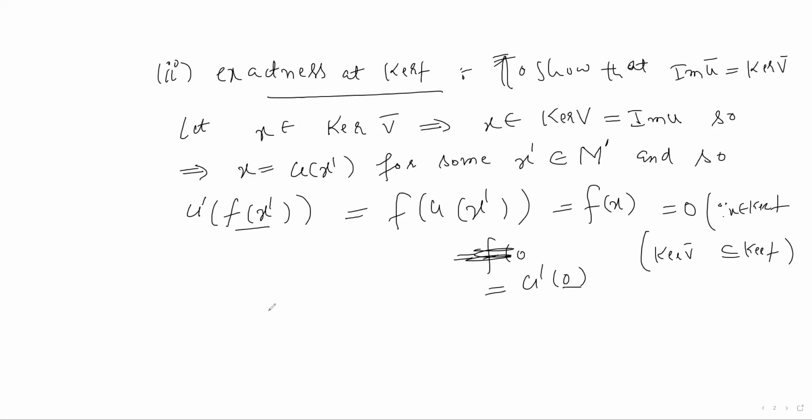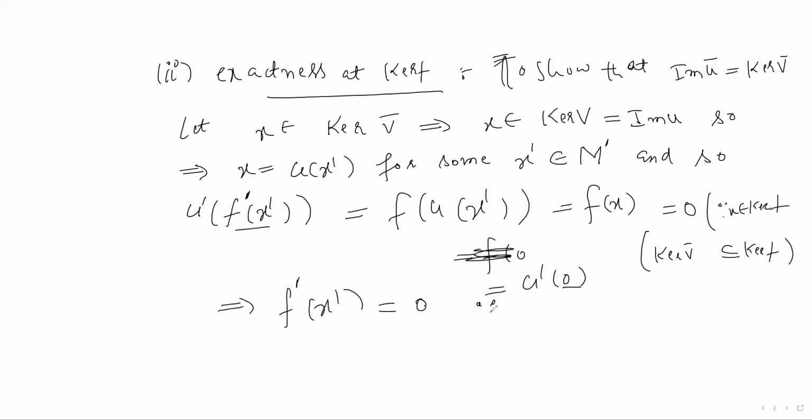Now u dash is also injective by the exactness. So this means f dash x dash equals 0. इसको f dash लिखना है. Okay, so f dash x dash equal to 0.